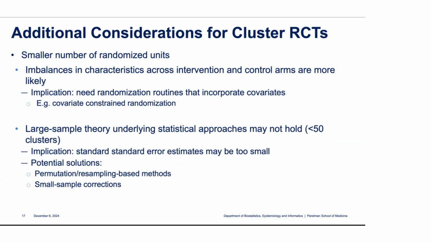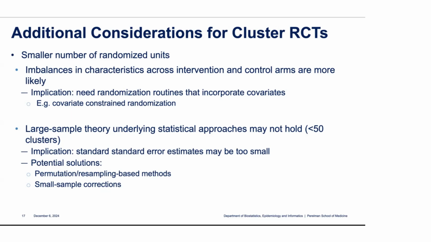And so we often use things like covariate constrained randomization, where we look at all of the possible ways that the clusters can be allocated to intervention or control, and then we only randomize among the ones that lead to sufficient balance across what would be the treatment and control groups. Another challenge of cluster randomized trials is that the large sample theory underlying statistical approaches may not hold.